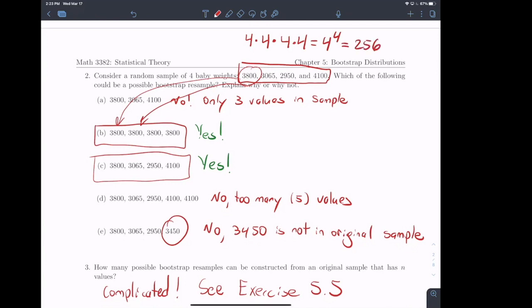So if you do that calculation, you're saying I can pick any one of 4 things in any one of those 4 spots. That gives me 256 possible samples.